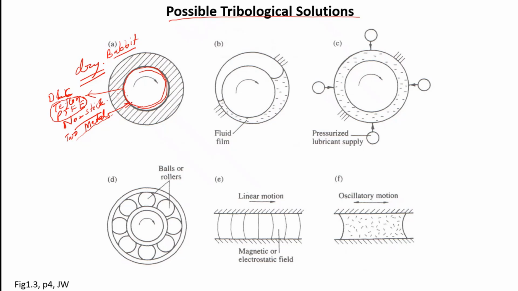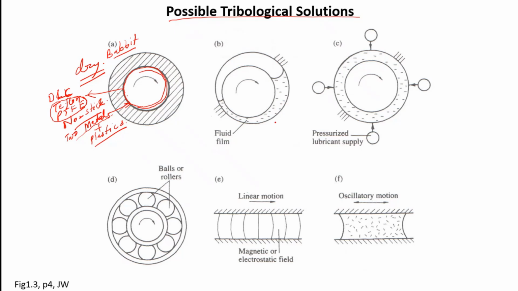Even if you use bronze and steel, you will still have high friction and a lot of wear. So always use metal plus non-metal, and among non-metals, plastics, either in the form of a coating or a sleeve, or you change the material so the bearing part is made of plastic. These are the kinds of solutions for dry contact.